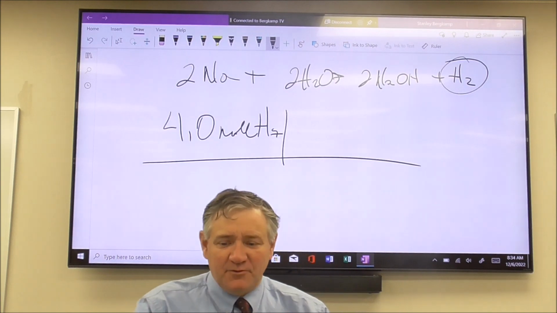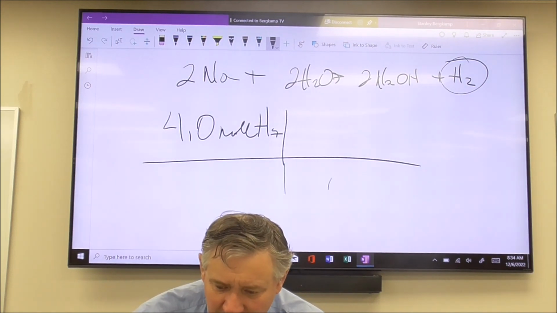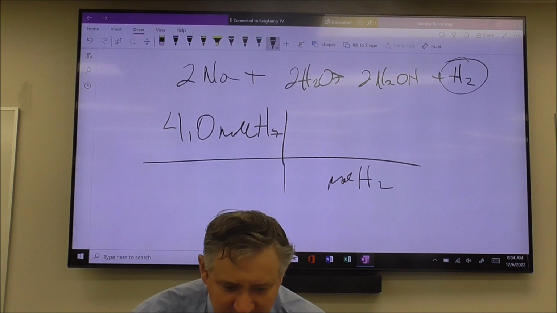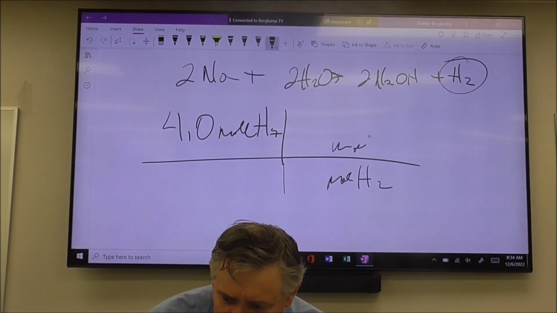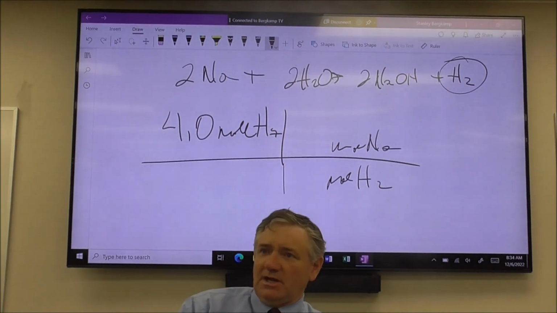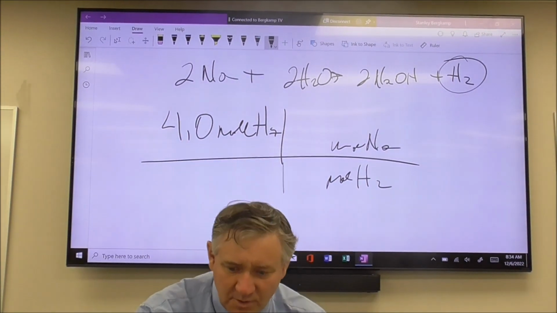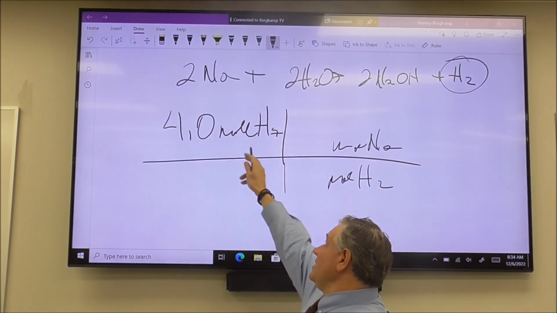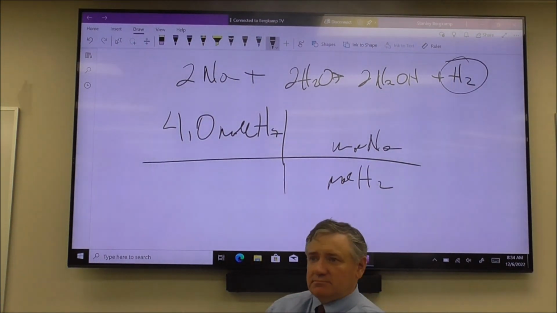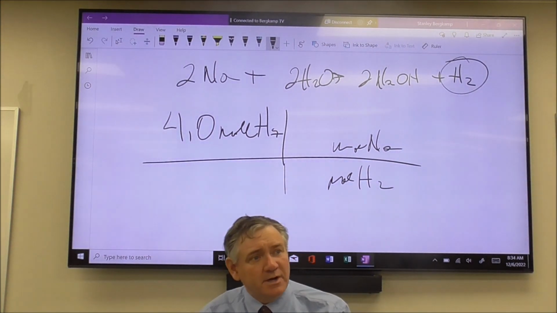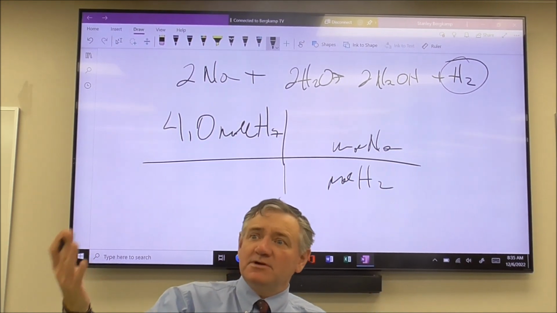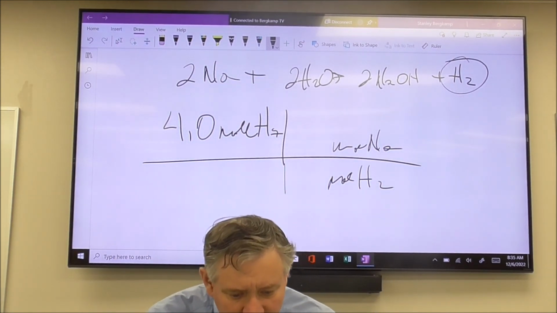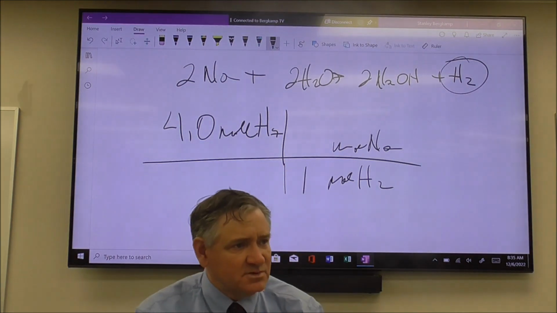So, I got 4 moles of hydrogen. I'm going to put moles of hydrogen down here. And in this case, I want to figure out moles of sodium. Now I know my ratio. Whatever units I have here is what I put down here. Then I figure out what I want to convert that into. Oh, sodium. Now I look at my balanced equation. In front of the hydrogen, there's a 1.